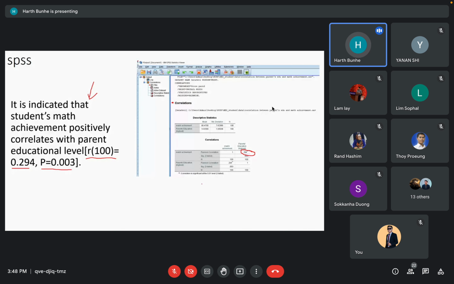The number that you print to write here is called the correlation coefficient. And here, 100 is the sample that you bring the data to analyze. This is the value that you need to report as the correlation coefficient. And then the p-value here is the significance value. You got it?